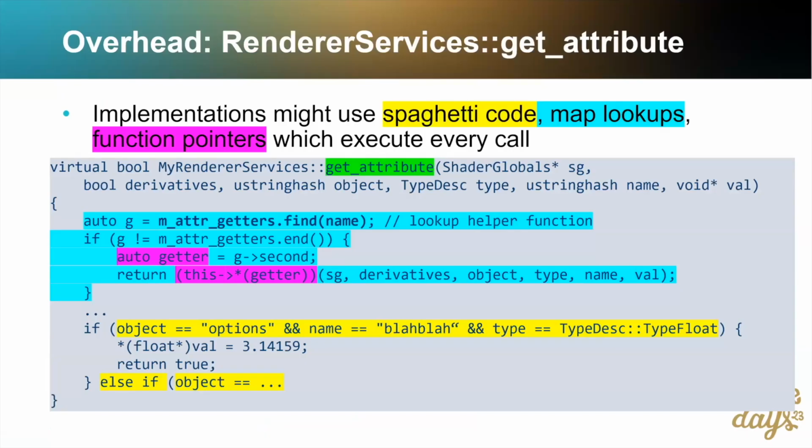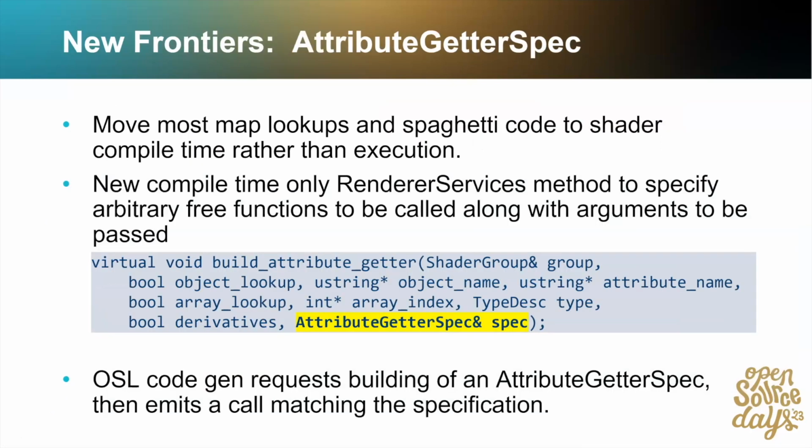Other things we're looking at is overhead. An existing render service call like get attribute here. Current implementations might use spaghetti code, map lookups, or even function pointers. And even though we could make a free function version of this, all those things may not translate very well into bitcode or running on the device. So we're introducing a new concept here called an attribute getter spec.